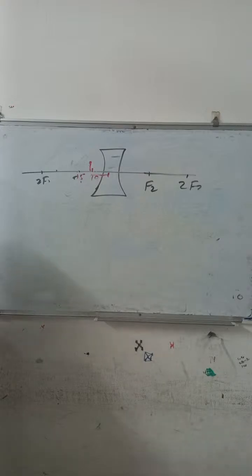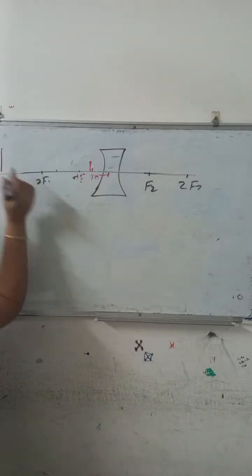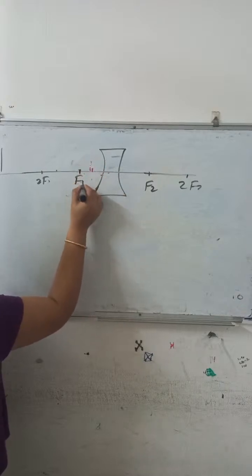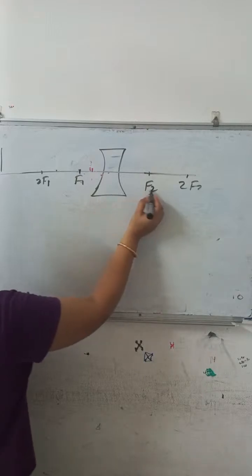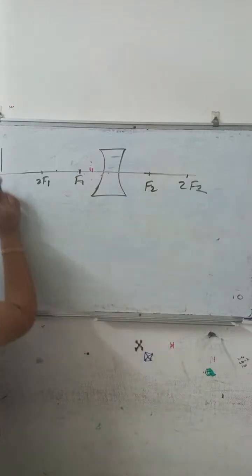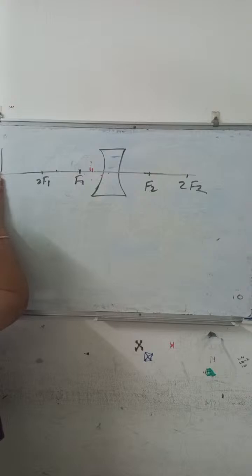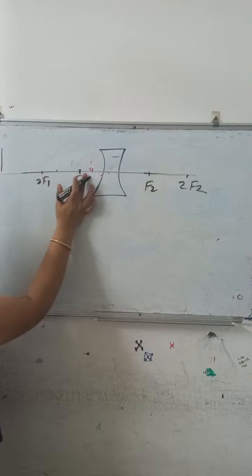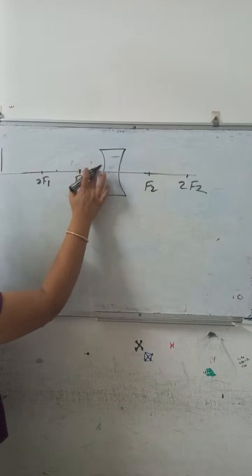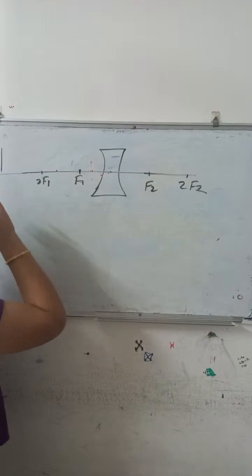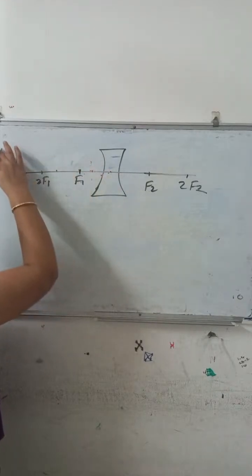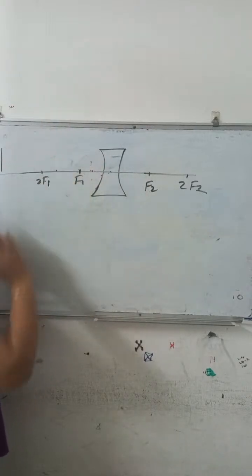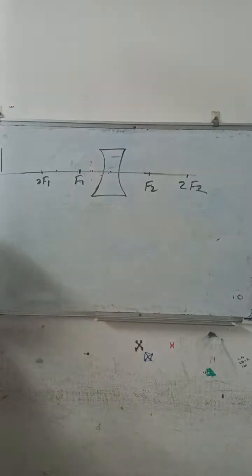If you keep the object at infinite distance, this is a concave lens, and we have a pair of foci, f1 and f2, and twice f. Whether you keep the object at infinite distance, behind twice f, in between twice f and f1, or in between the focus and optical center, in all these different positions we get the image on the same side as the object.